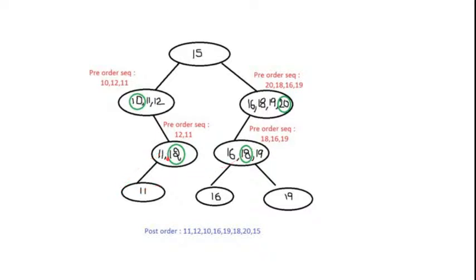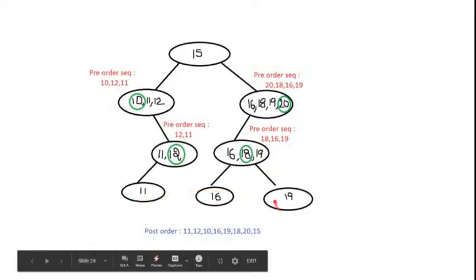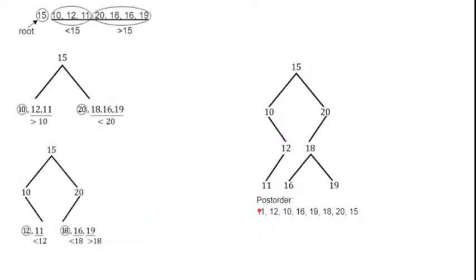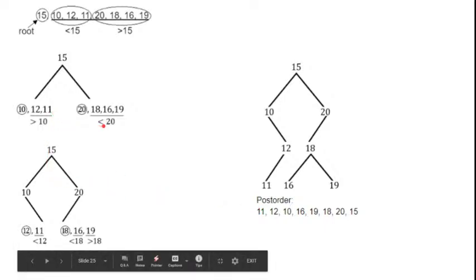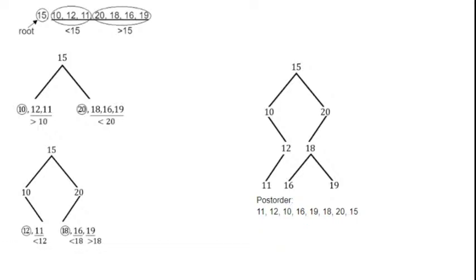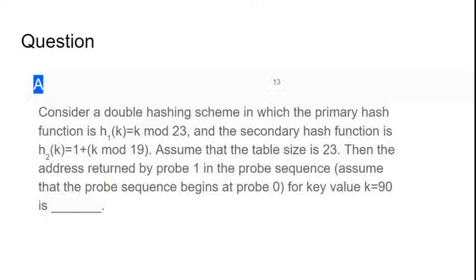Again here 12 is the root node, so 11 will come on the left side. In this way we have to find the post order. This is also the other way, greater than, less than. The final answer is the same as whatever we drew, but just keep that trick in mind: first time visit means pre-order, second time visit in order, third time post order.